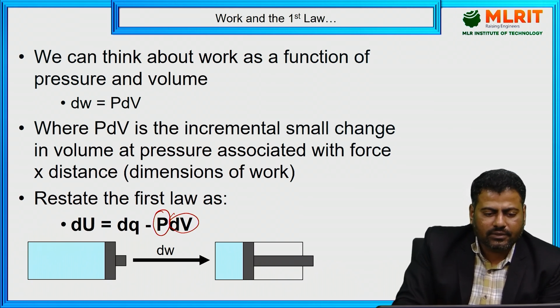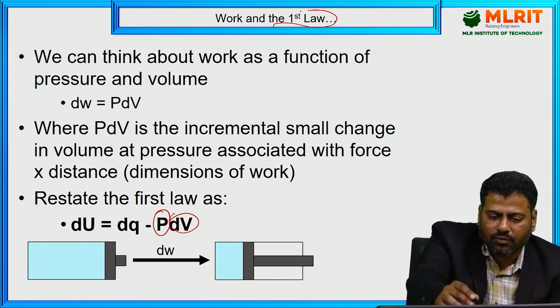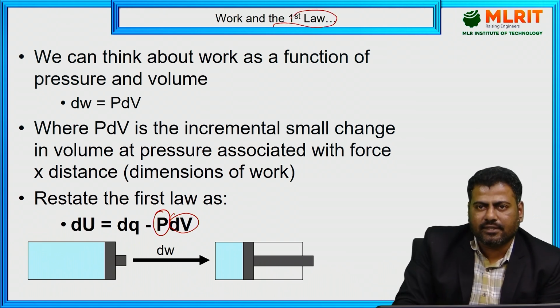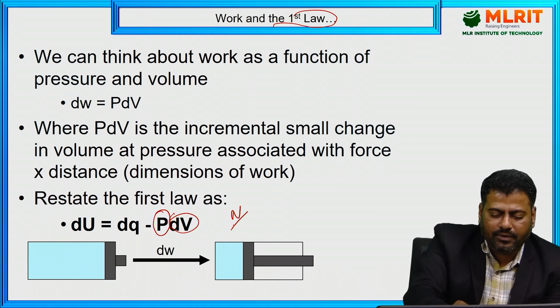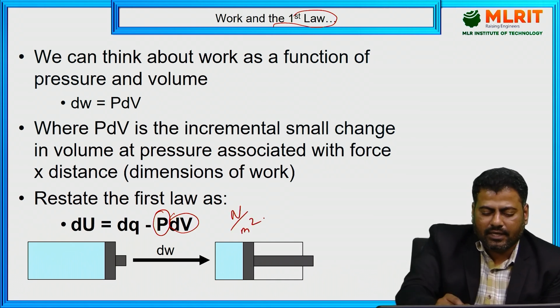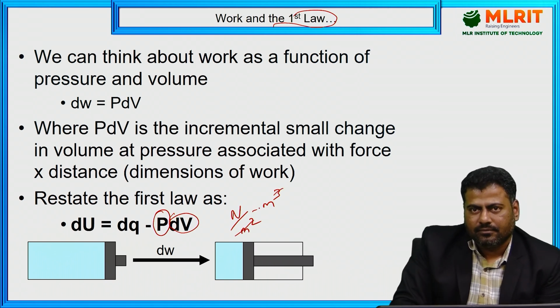Got it? So this is how we deal with work in the first law of thermodynamics. With respect to macroscopic properties, I have only pressure. The pressure unit is Newton per meter square, the standard SI unit, and the volume change is meter cubic. So this also gives Newton meter, right?